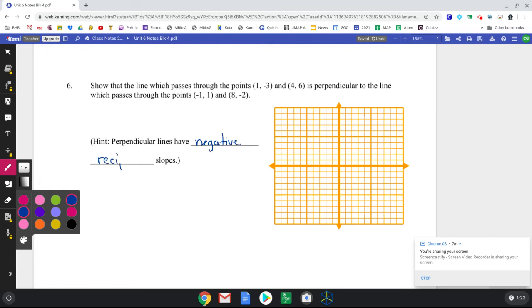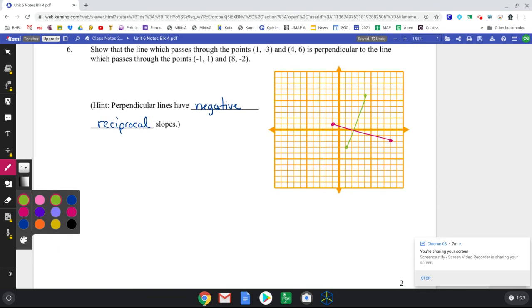If I graph my first set of points, I have 1, -3 and 4, 6. My second set of points: -1, 1 and 8, -2. Again, they look like they're intersecting to create a right angle, but let's double check.